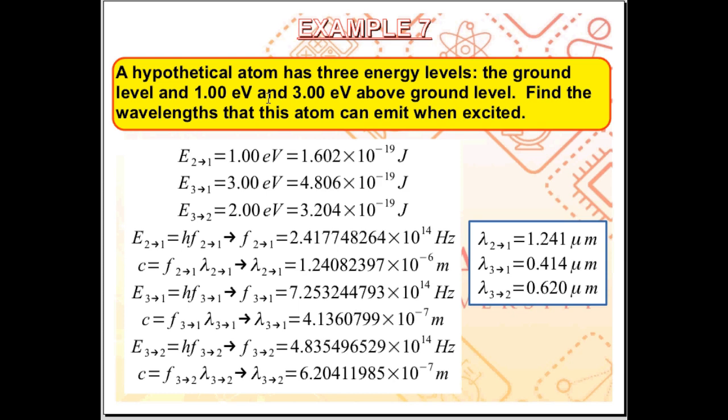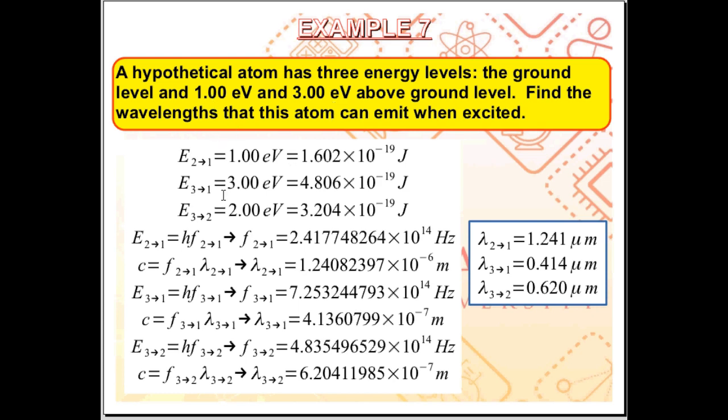Another possible transition is from the second excited state to the ground level. So E3 to 1 is 3 electron volts, or 4.806 times 10 to the negative 19 joules. Also, from the second excited state, the atom can transition to the first excited state.